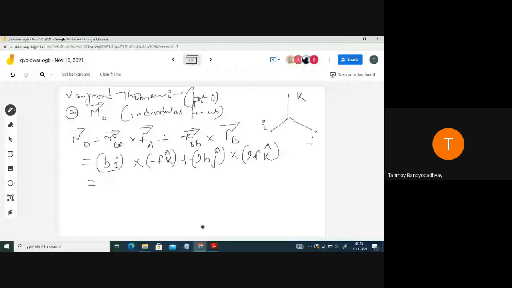So you should be getting Fb, i cross j is j. And then this is 4Fb, j cross k, which means plus i. So this should be plus 4Fb i cap. So the answer that you should be getting, if I take Fb as common, is Fb (4i plus j cap).